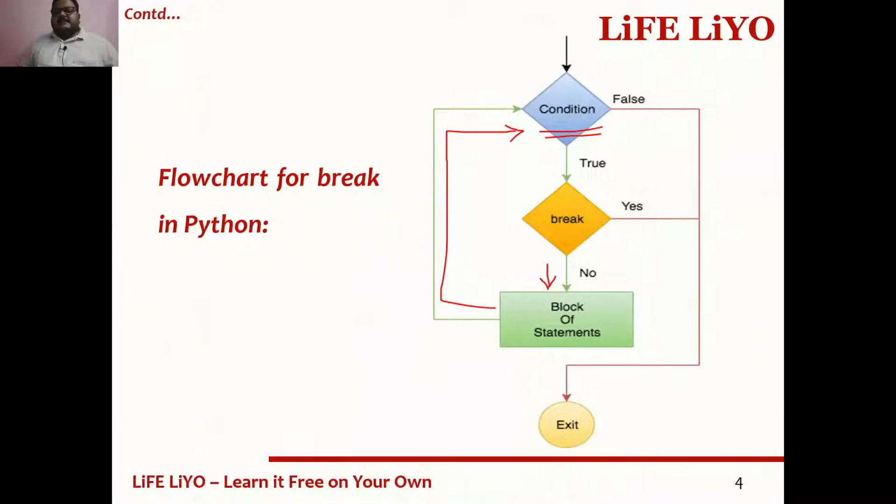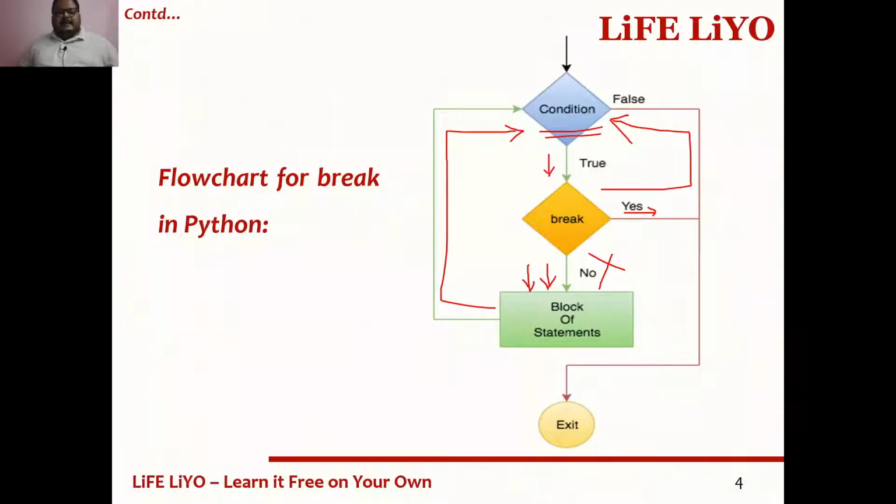If the condition is true again, it again checks the break statement. Here the break condition is not true, so again it executes the block of statements. Like that the loop will be iterated. Whenever the break condition becomes true, it goes for the exit, not printing this one, and comes out of the loop.